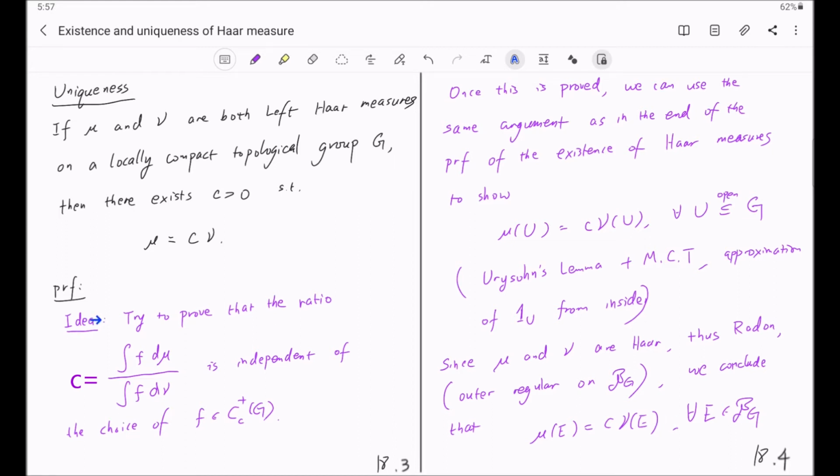This is not the end of the idea of the proof yet. We spent lots of time talking about just the idea. So let's continue with the idea of the proof of the uniqueness.